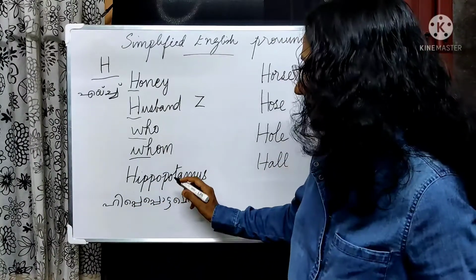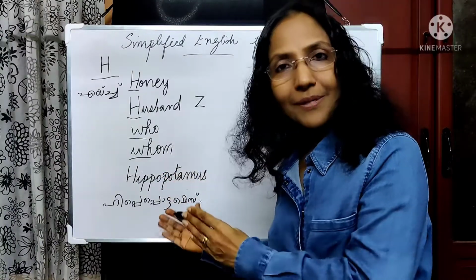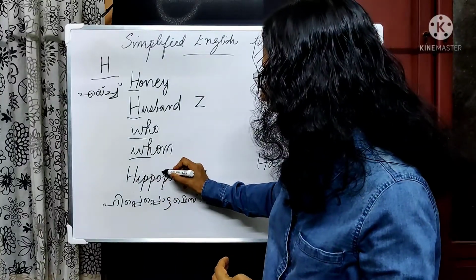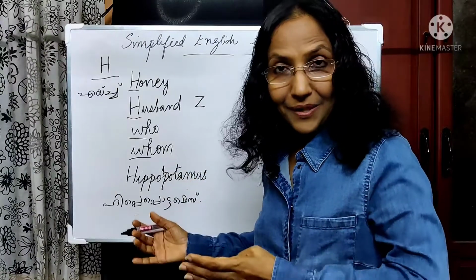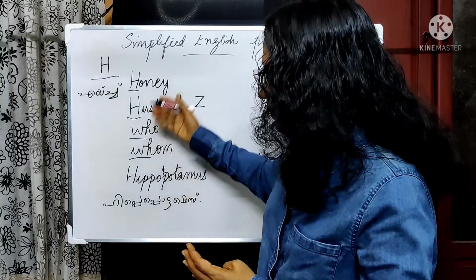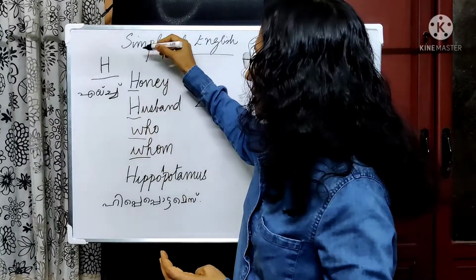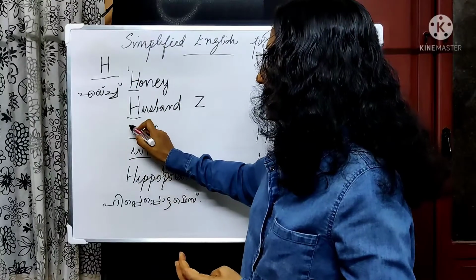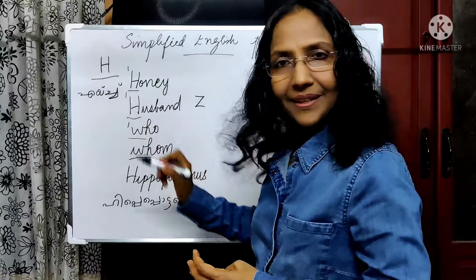That's it. So here it's a long word, and there are several syllables in it. And the stress of this word is more here. Since it's a long word, the stress is falling here. So for short words of one or two syllables, the stress will be on the first syllable, as in honey, who, and husband, the first syllable.